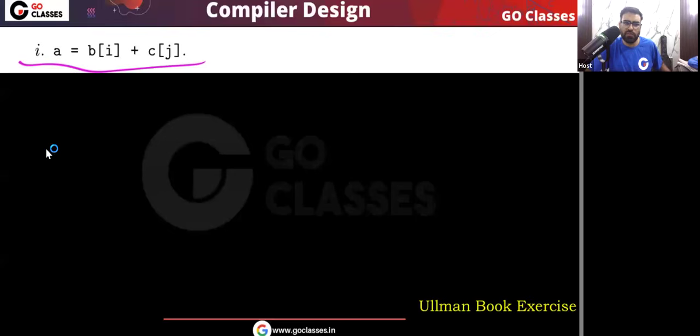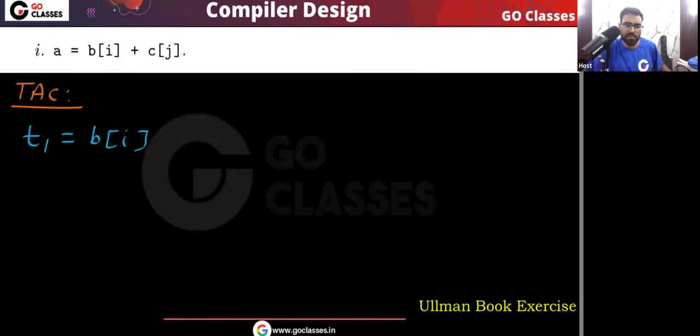If you want, first you can find the three address code. That will be an easier way. So what will be the three address code for this high level language instruction? It is very simple. In some temporary variable t1, we store b[i].